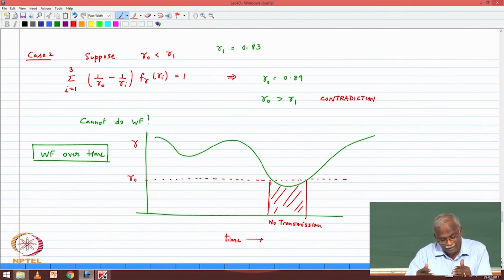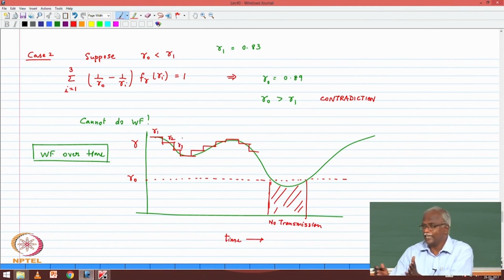Now what about the possibility above this point? So what we do is we can do a stairwise approximation of the SNR and treat each of these as the corresponding SNRs, let's call this gamma 1, gamma 2, gamma 3.